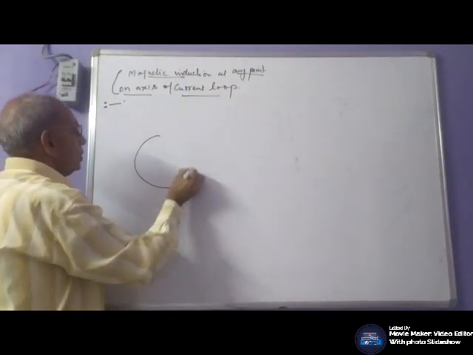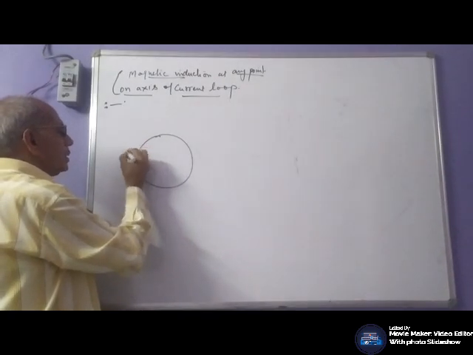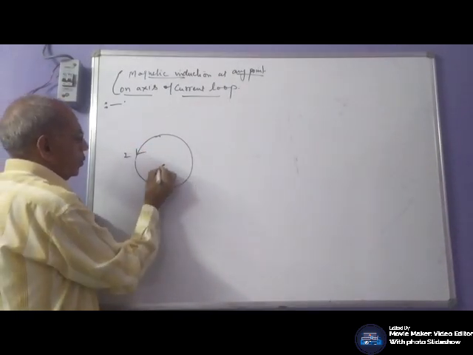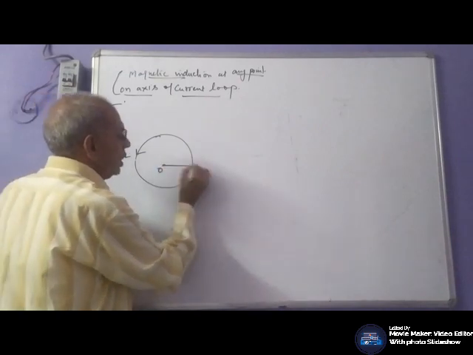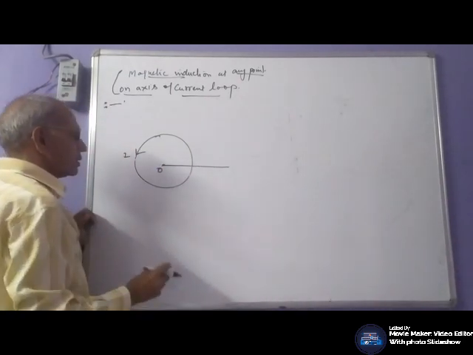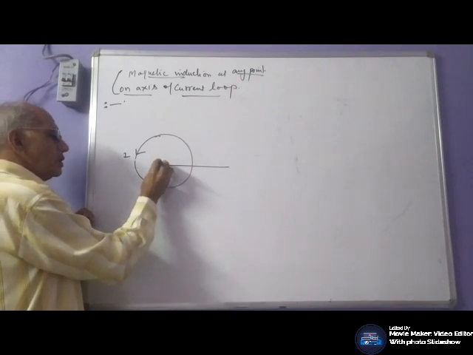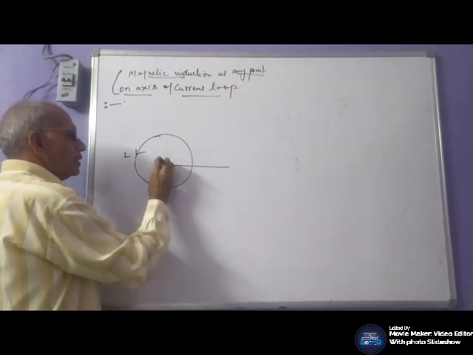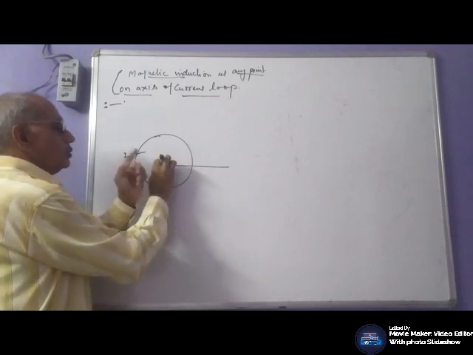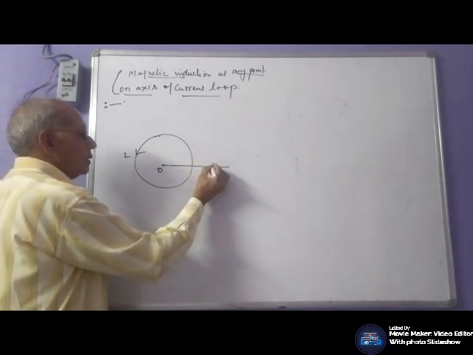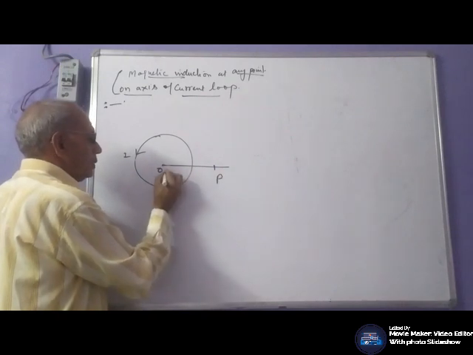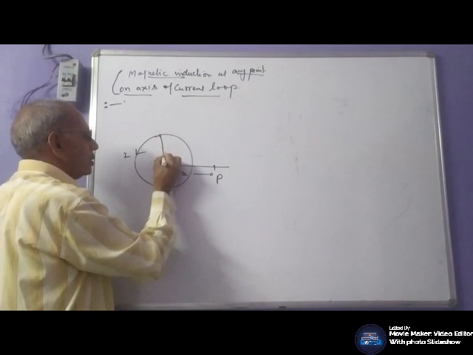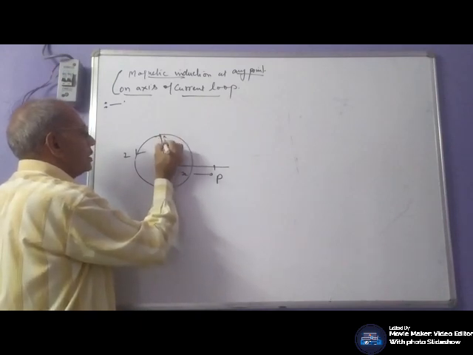So this is a current loop, with current in the anti-clockwise direction. This is the center of the current loop, and this is the axis. This is the observation point, and OP is x.